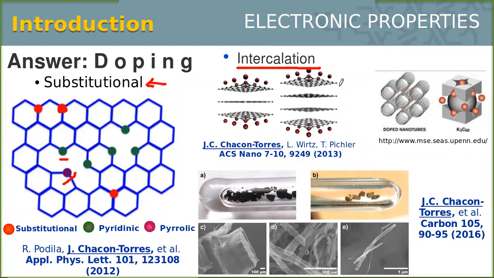It can be used in graphite, it can be used in graphene, and in 2016 we proved that multi-wall carbon nanotubes can also be doped in a way that we can tune the optical properties of the material, turning multi-wall carbon nanotubes from black into golden carbon nanotubes.